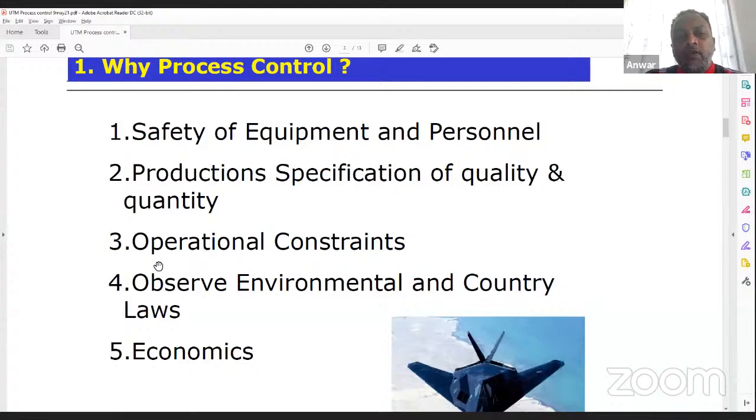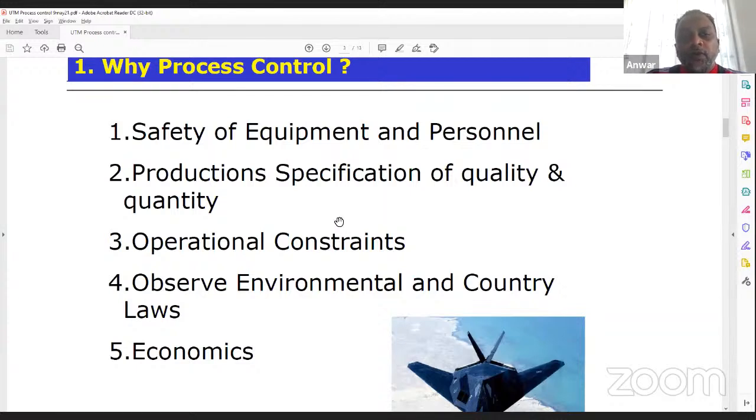The third one will be operational constraints. We know that for us to convert raw material into product, there are a lot of constraints, and we sometimes cannot rely on human beings for everything.